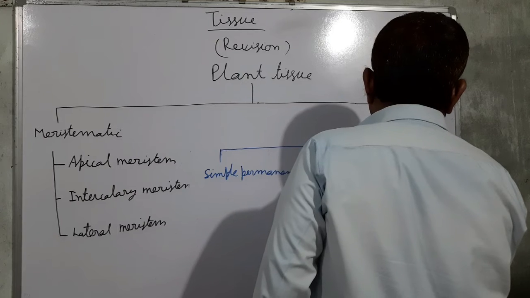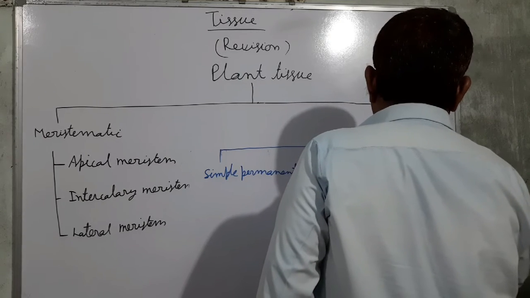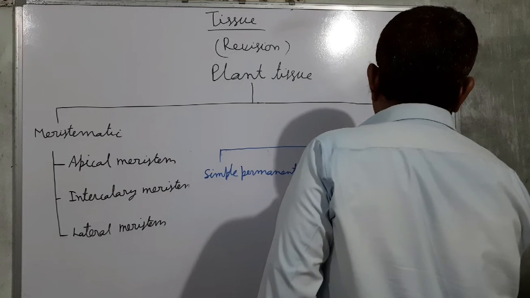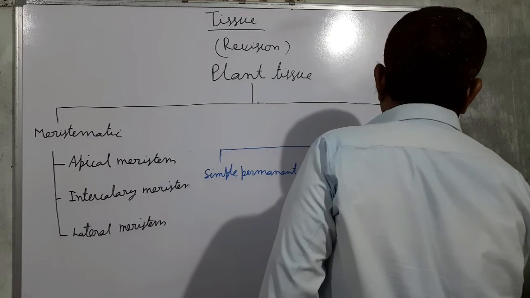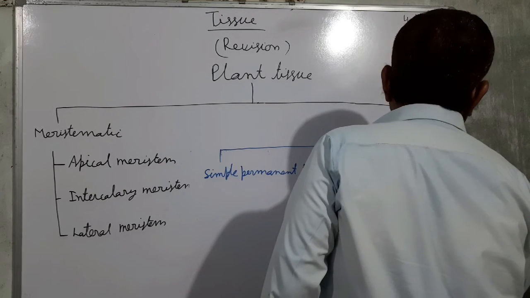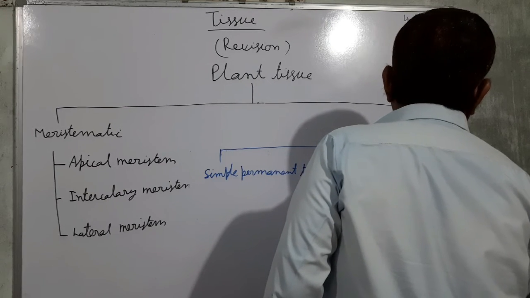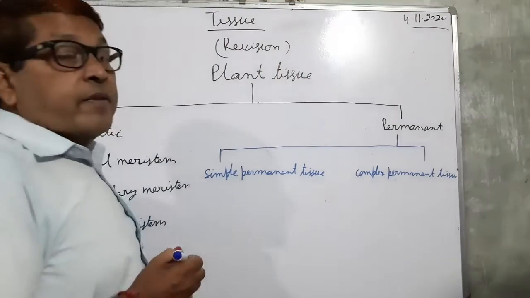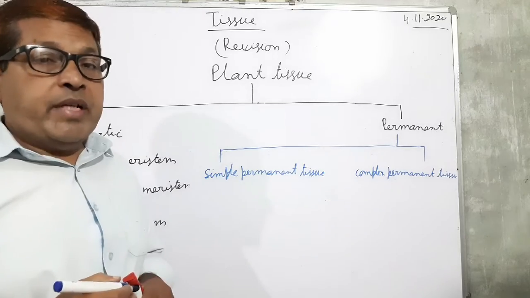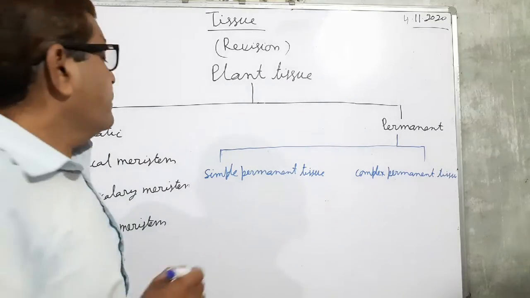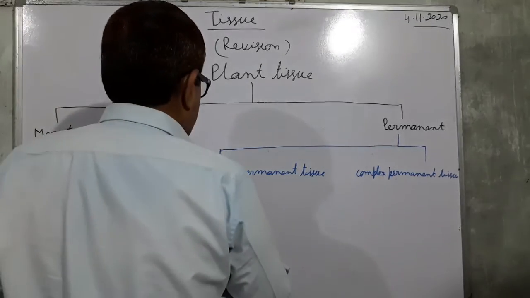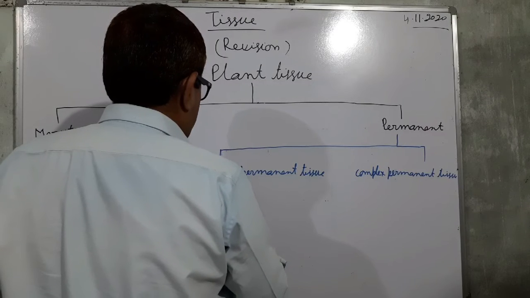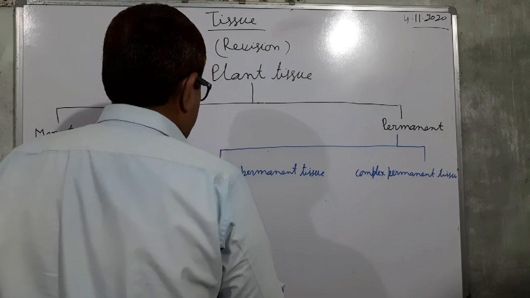The simple permanent tissue is made up of only one type of cells. It is of three types.